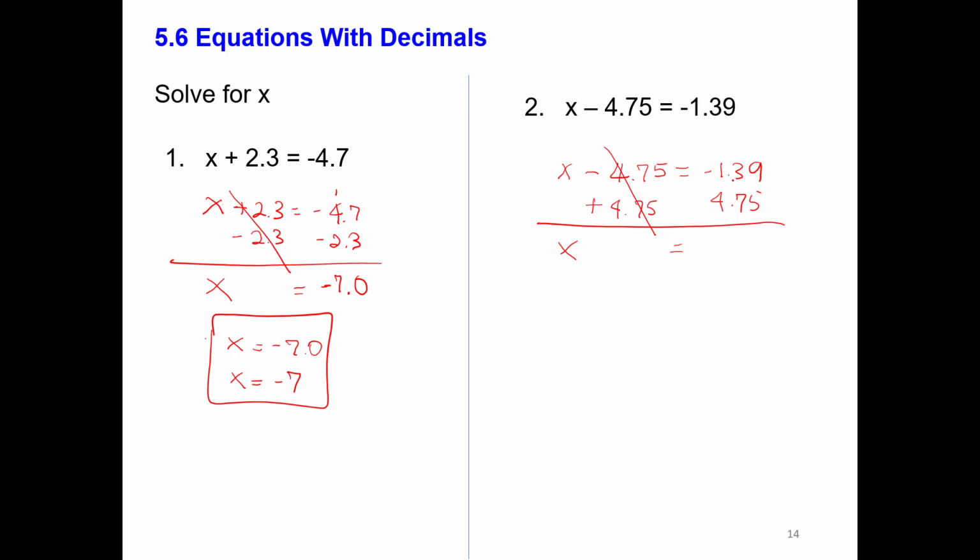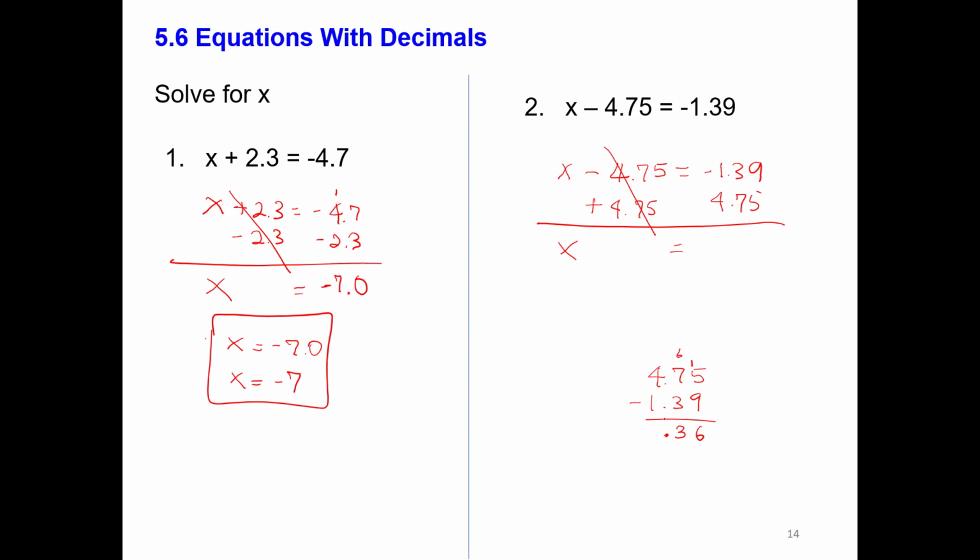Then 4.75 minus 1.39. Remember, we always subtract the smaller number from the larger number. For 15, we need to borrow 1. 15 minus 9 is 6. Now 6 minus 3 is 3.